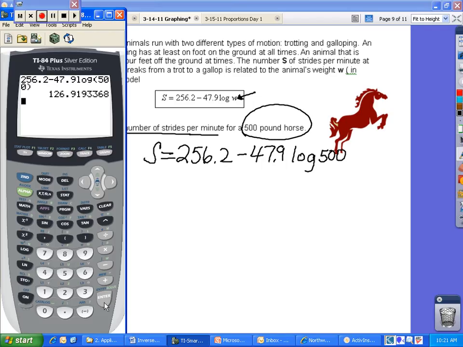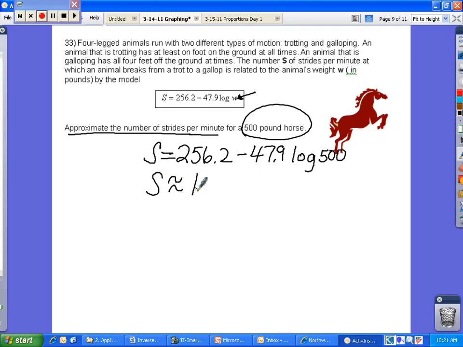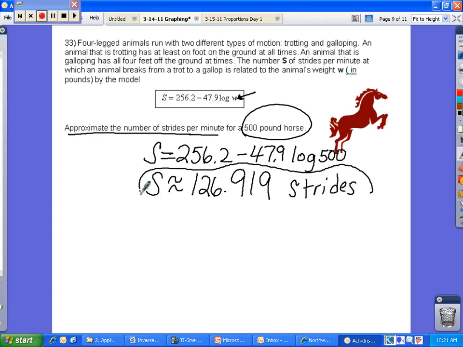Hit enter, you get about 126.919. So this is about 126.919. And can you take 0.9 of a stride? Not really, but let's just keep it like that for now. And that's in strides, because we're looking for the number of strides. That's what we're looking for, so we need to label our answer like that.